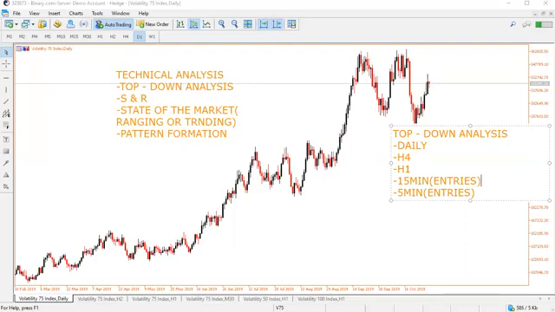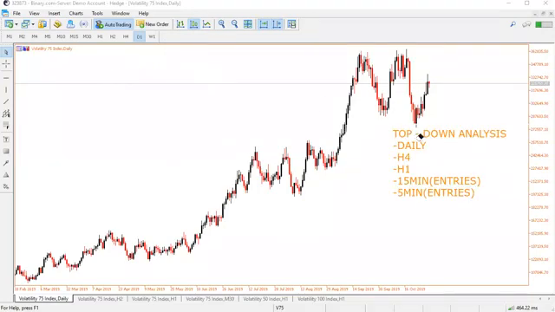So let's do a top-down analysis right now so that you can have a clear picture of what I'm actually trying to refer to, guys. With the top-down analysis, all you need to do when you get to your charts, always, guys, is to move to your daily time frame.